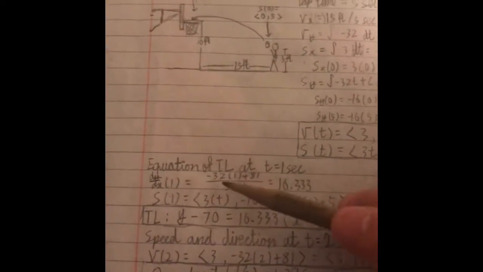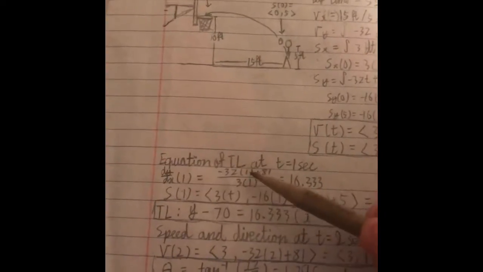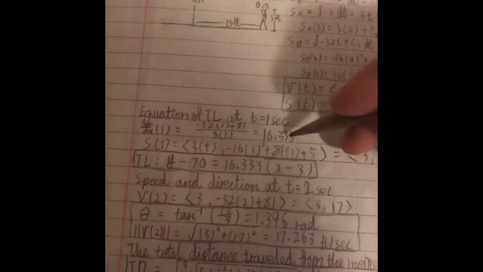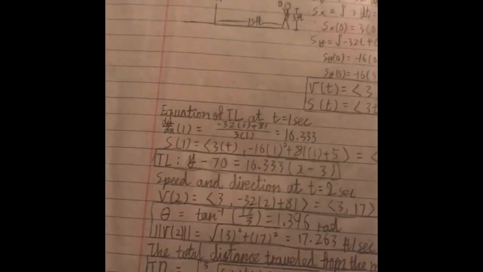So we have negative 32 times 1 second plus 81, divided by 3, and we get dy/dx of 16.333.